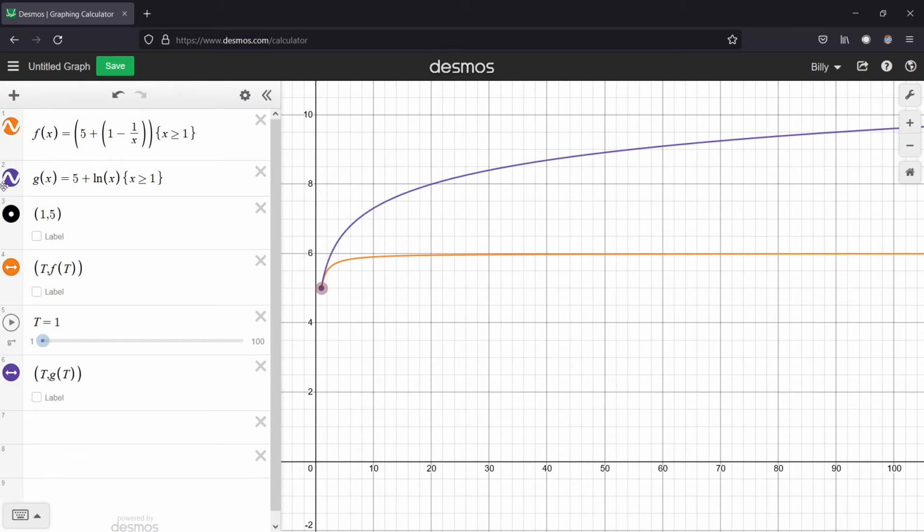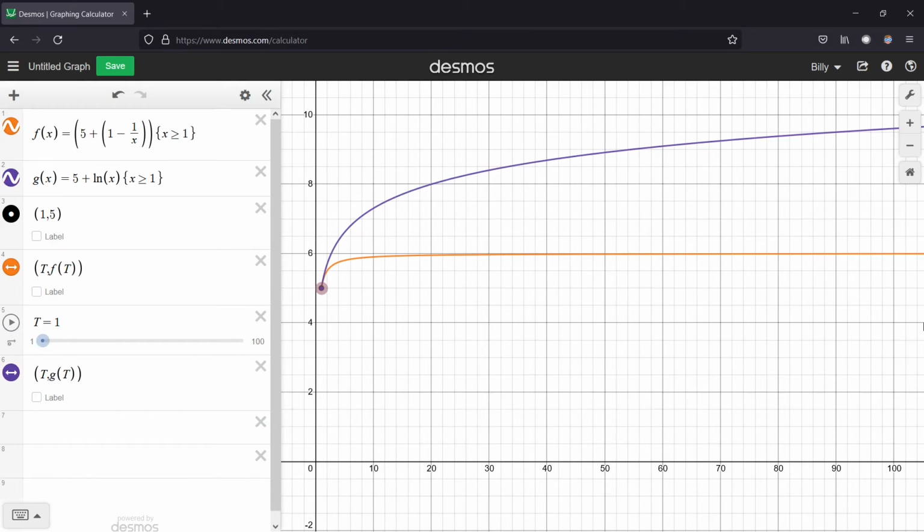The purple here is the y of t for the velocity function v of t is 1 over t, and the orange is the displacement function y of t for the velocity function v of t is 1 over t squared. And I just did this from 1 to 100.